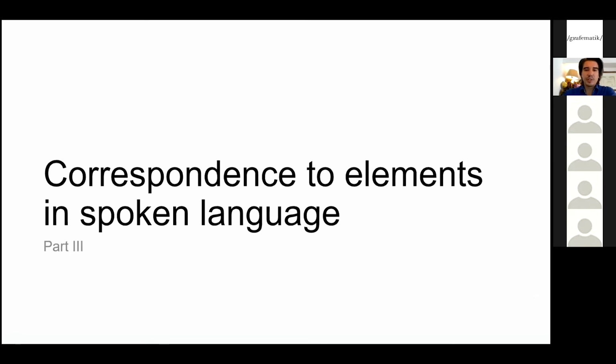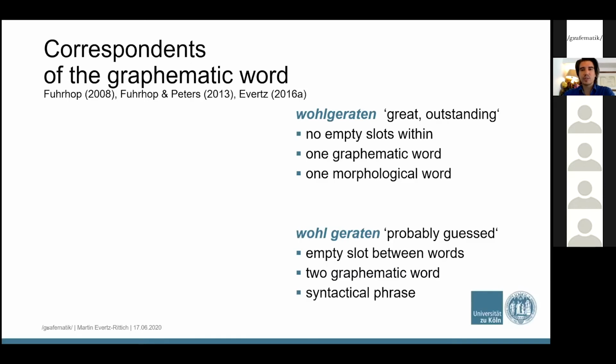Now let's come to the correspondence to elements in spoken language. You see here 2 examples from German. One, "wohlgeraten", which means something like great, outstanding, and the other one, "wohl geraten", probably guessed. So quite a difference. In the first example, you see no empty slots.